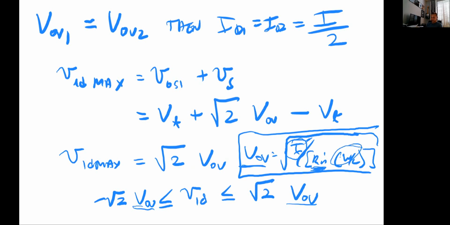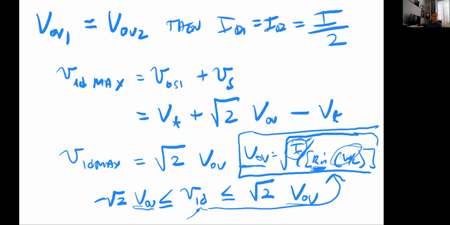So from a design perspective, you go from system to here to design equation here. So that is the observations on the range for the differential input.